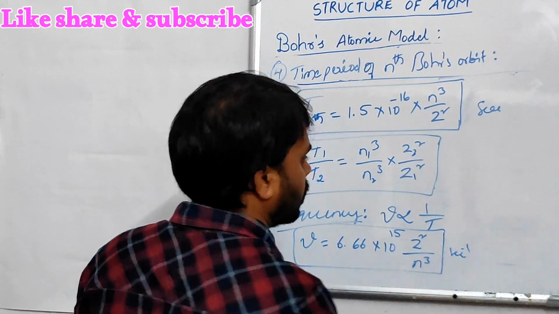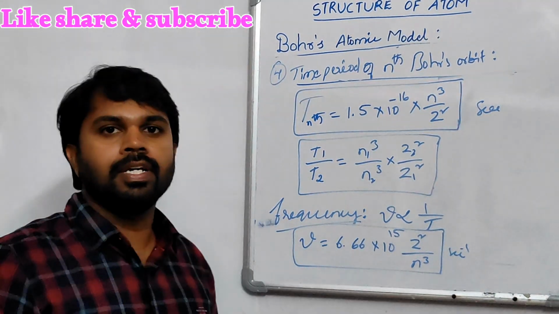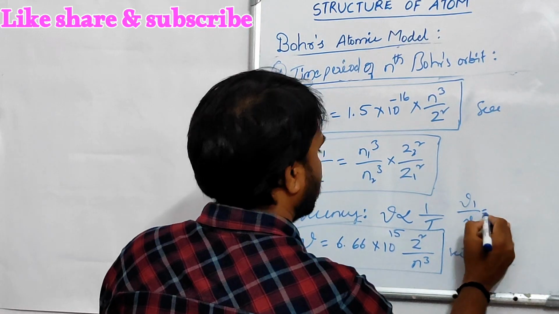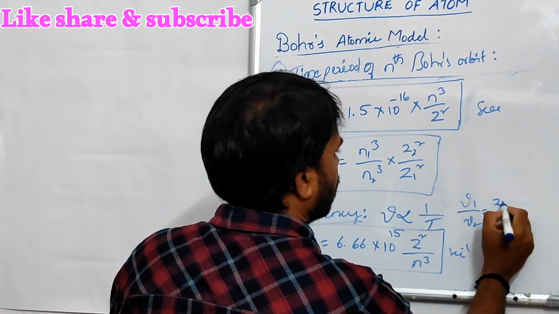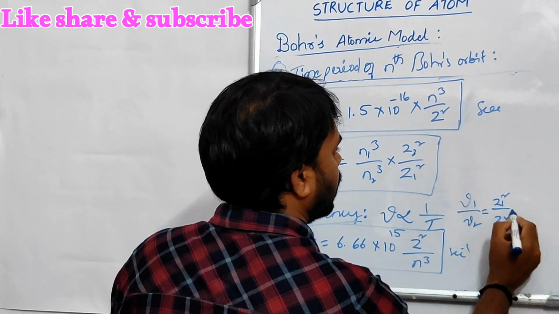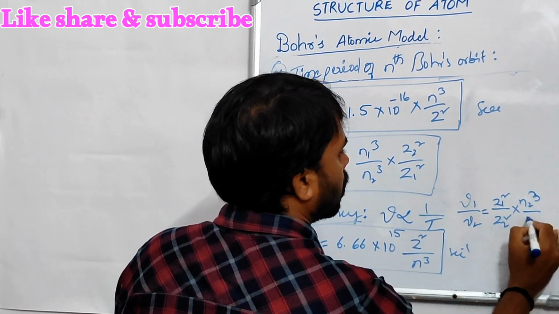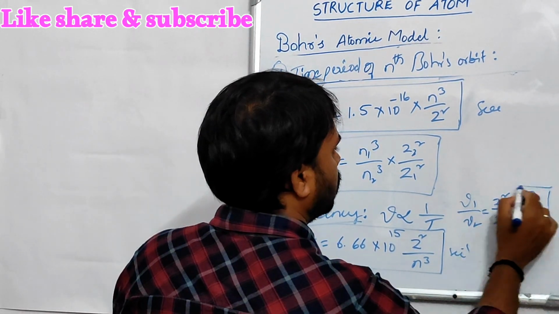Unit is second inverse. When the frequencies of two atoms are compared, nu1 by nu2 is equal to Z1 square by Z2 square into N2 cube by N1 cube.